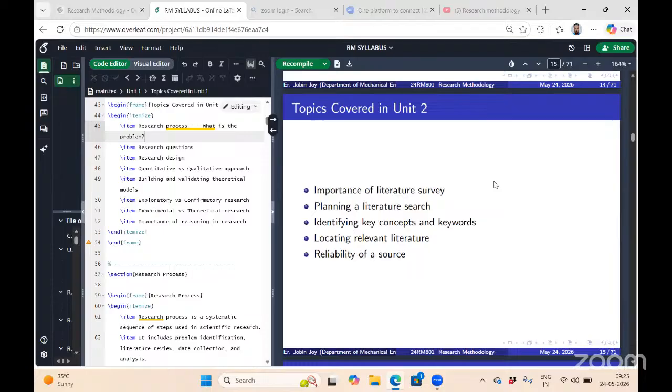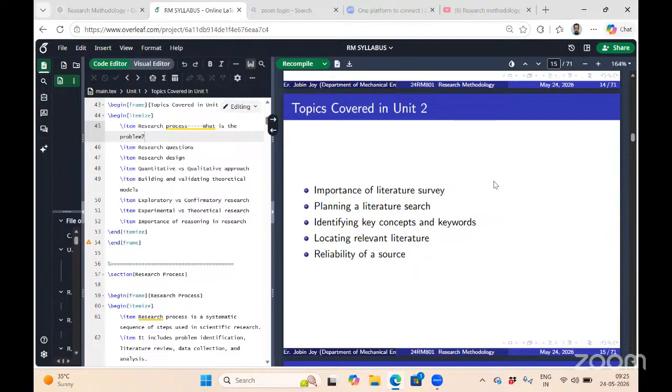For example, studying previous robotic papers, reviewing AI journals, analyzing Industry 4.0 reports, reading conference papers, reviewing manufacturing case studies, etc.